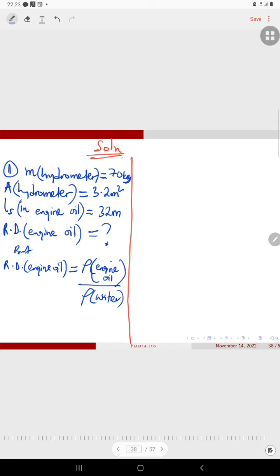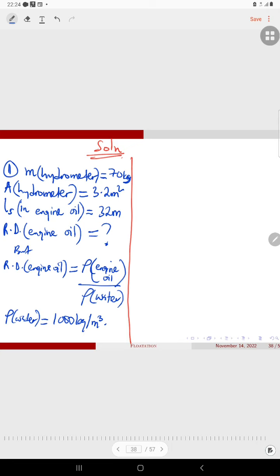Okay, so that is that. And the question gave us the density of water as 1000 kilogram per cubic meter, or we can write it this way.